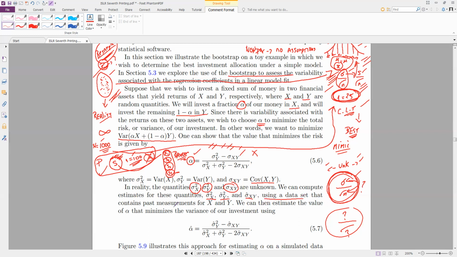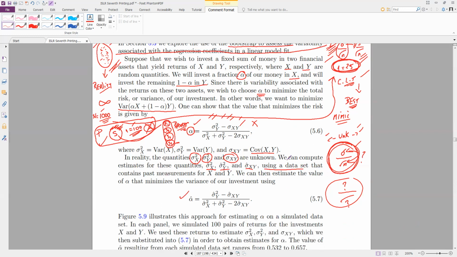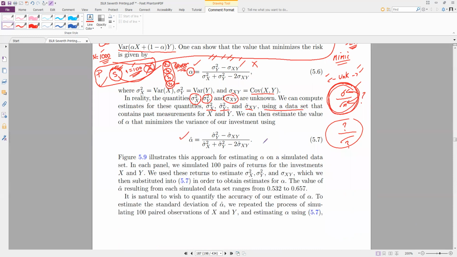Well, maybe use a data set that contains past estimates for X and Y, and then you can estimate the value for that parameter. That's what they're doing there, plugging in those estimates and getting those particular values. Now, figure 5.9, as we'll look at in a second, let me just tell you what it's going to be about.